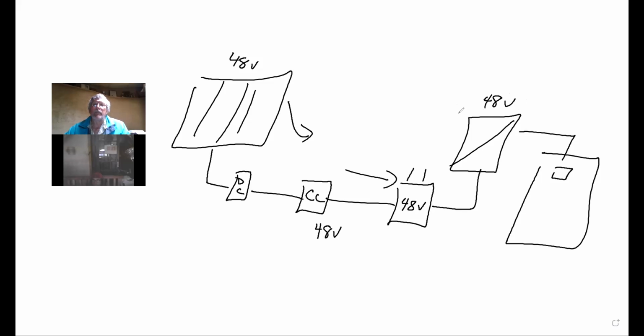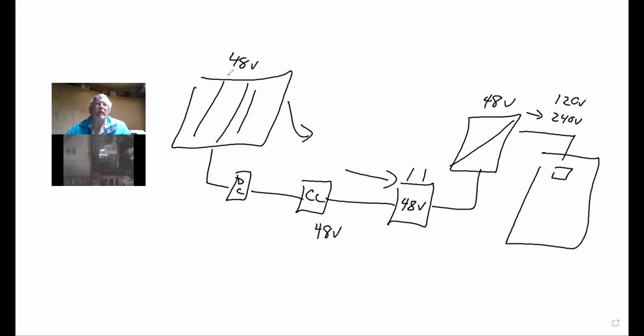Output, with a standalone, could be either 120 volts AC or 240 volts AC, typically. There were very few three-phase systems, so these would be your only choices here in the US. This is the way it was done for years and years.